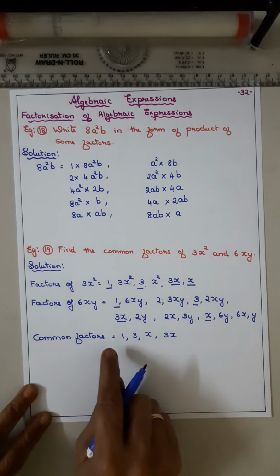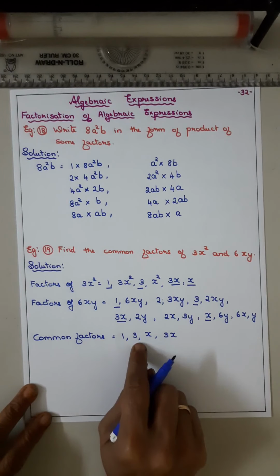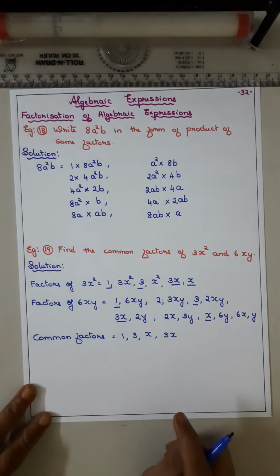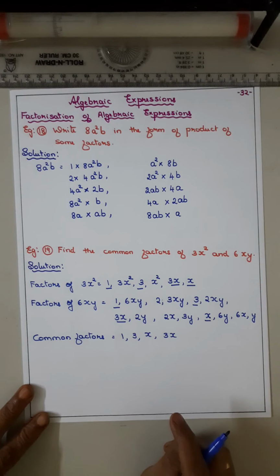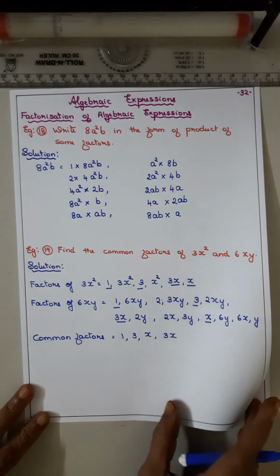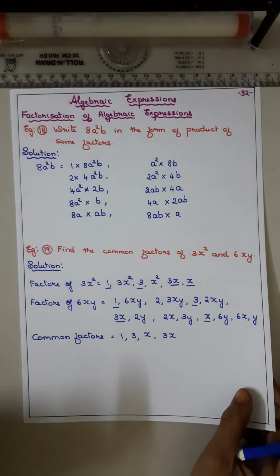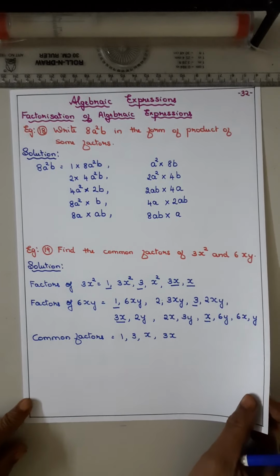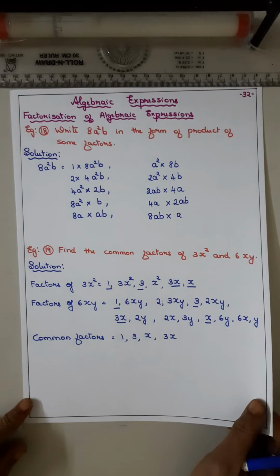So common factors are 1, 3, x and 3x. Okay. So find the common factors. First you write the factors and then the common factors you find.